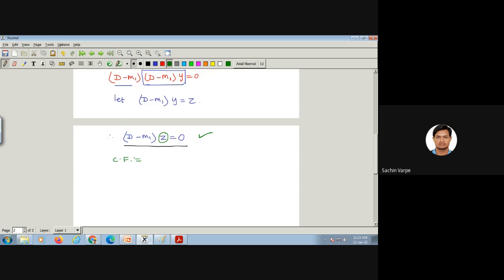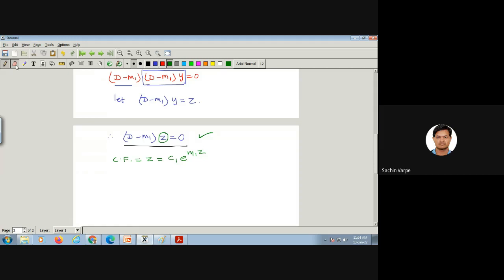So the complementary function is nothing but the value of z, and that is equal to c1 e to the power m1 z. Yes or no? Is this clear? Yes, sir.